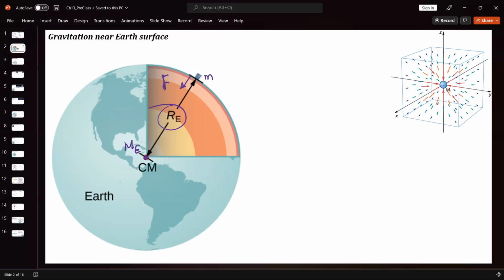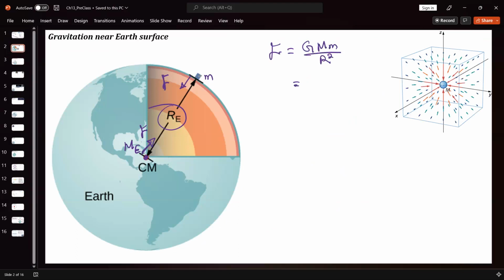Similarly, the Earth's mass also has an attractive force towards the object. Now, if I write it down using the universal law of gravitation, this force is going to be G large M small m divided by the radius of the Earth to the power 2. If I rewrite this equation, you can see some similarity to the ideas we used earlier.